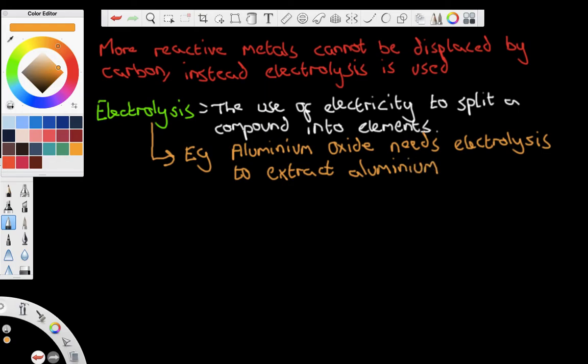And finally we can say some bad points of electrolysis. We can say that it is very expensive. We can say that it needs lots of electricity.